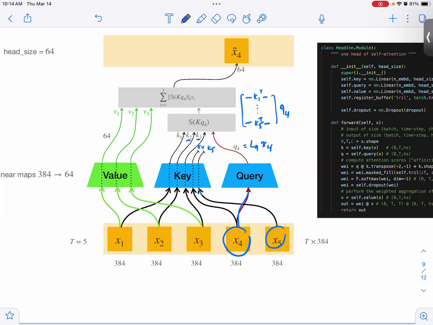So this Q4 is like Z in the previous slide, and this is like X. And so this measures the similarity of the query to the keys, and then the softmax is going to decide which of these I'm going to use. And then I average the values, so these are y's, and the values are created from the same position. So that's the interesting idea.